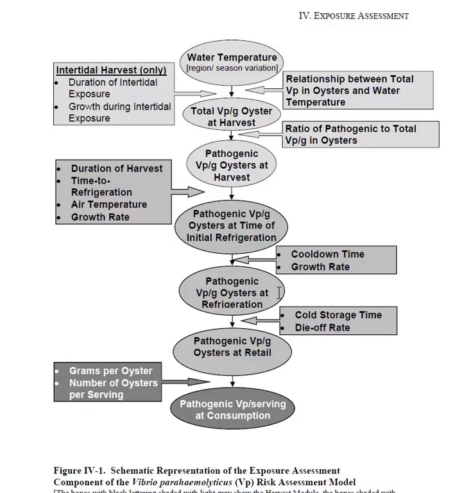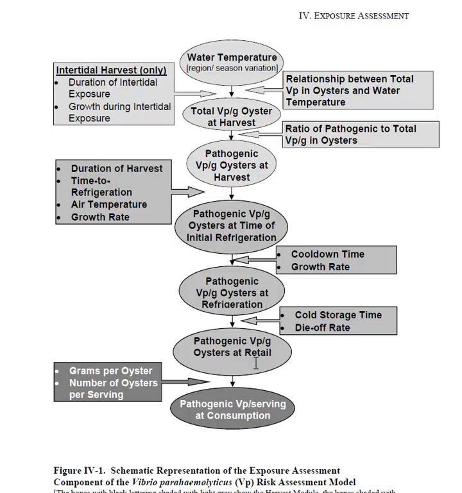Some oysters are actually eaten the same day. Others may not be eaten for a week or more later. So the die-off rate will vary from one eating occasion to another. We look then finally, after the time in cold storage, at the number of pathogenic Vibrio per gram of oyster at the retail level.